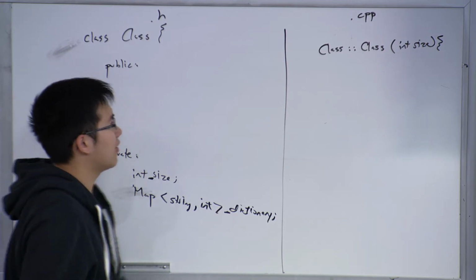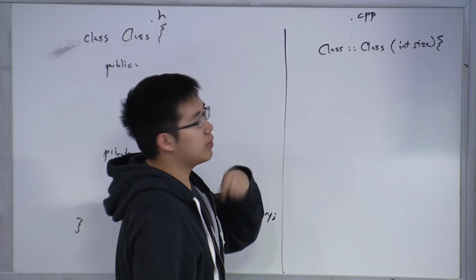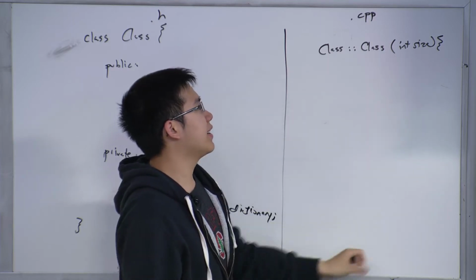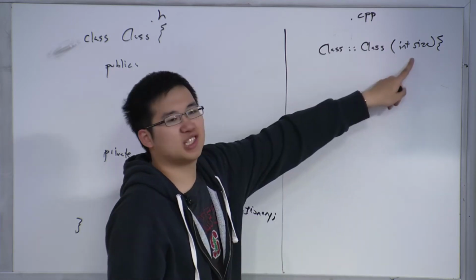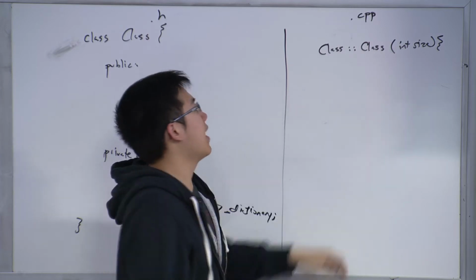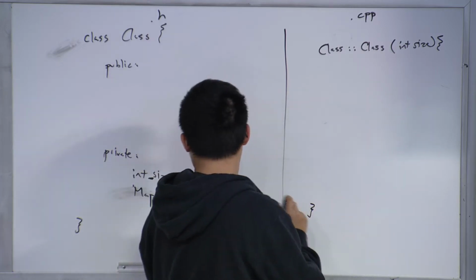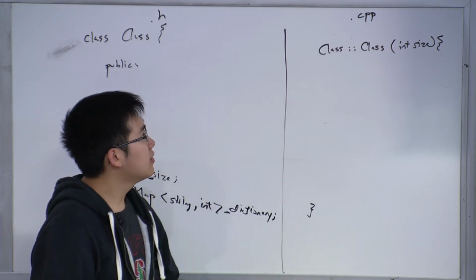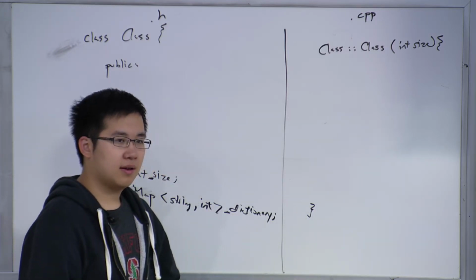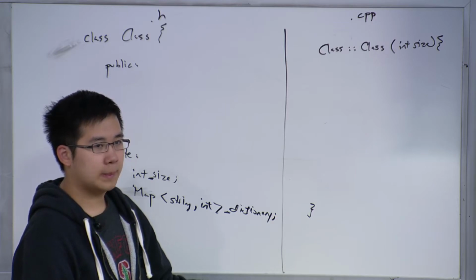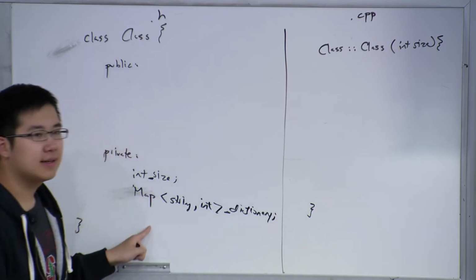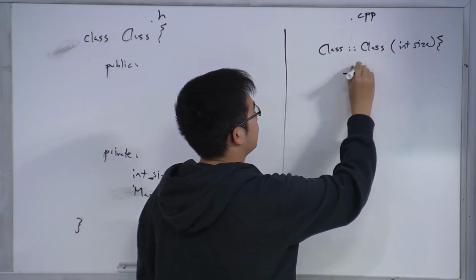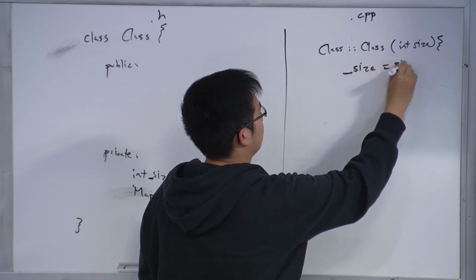When you declare an object of the class, you pass in a parameter, and in your constructor you would say underscore size equals size.